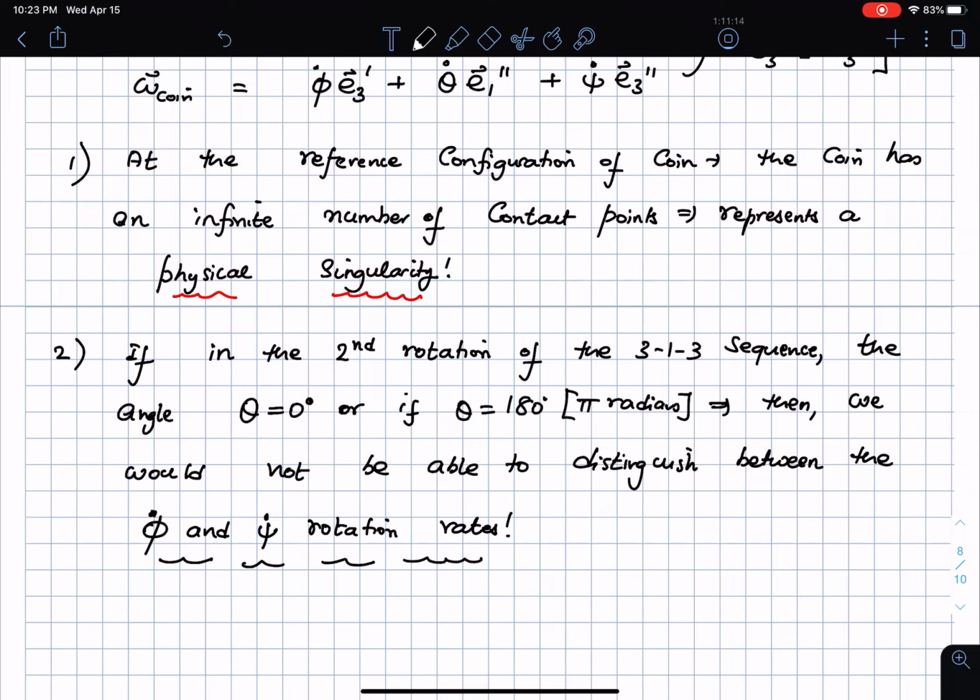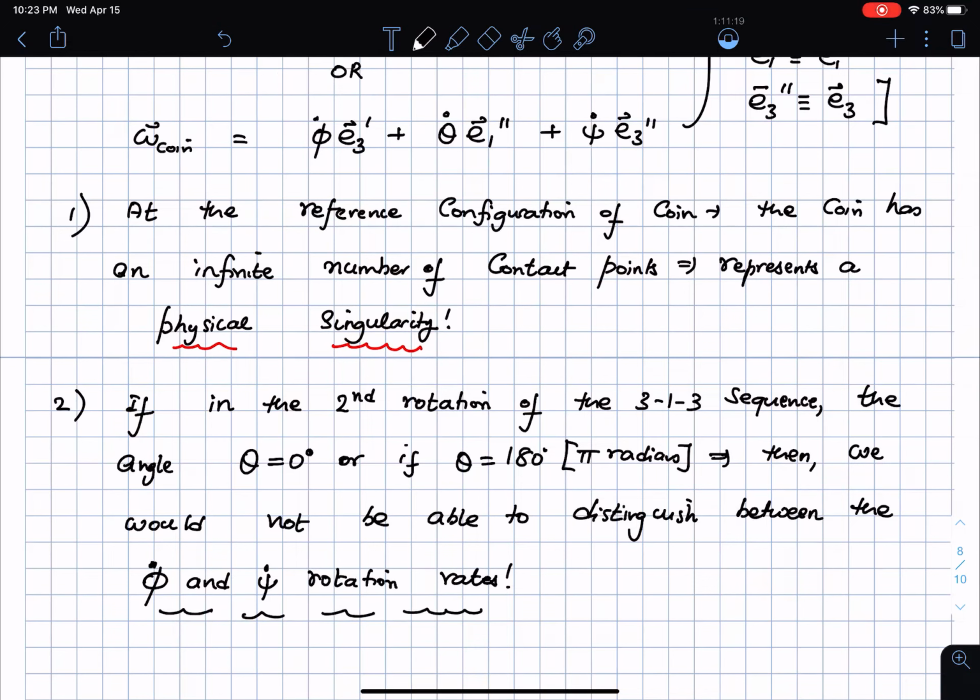Okay, so if I go back to that figure, I just want to reread this statement. If in a second rotation of the 3-1-3 sequence the angle theta is 0, or if angle theta is 180 degrees, then we would not be able to distinguish between phi dot and psi dot rotation rates. And the idea is this.